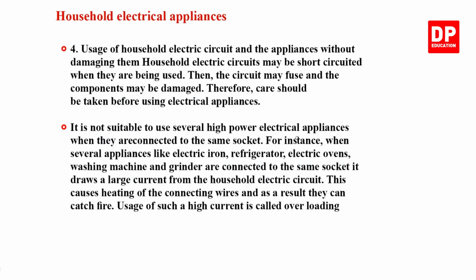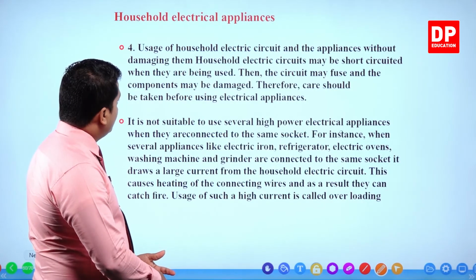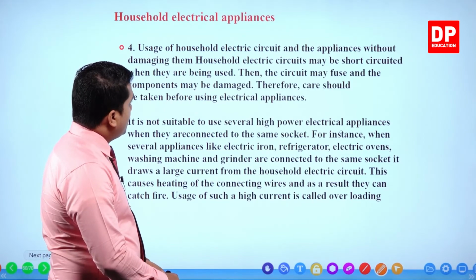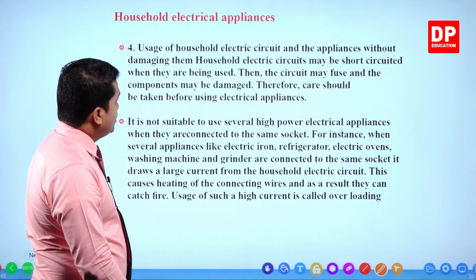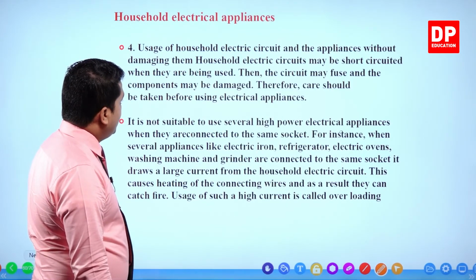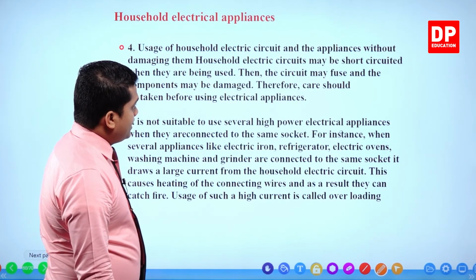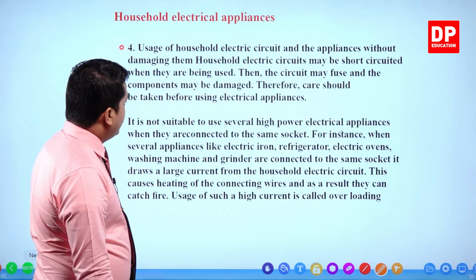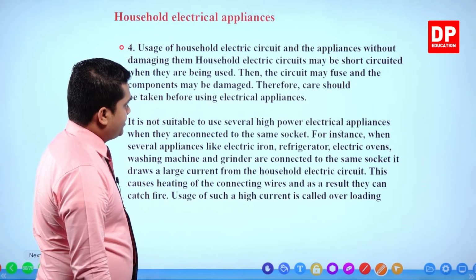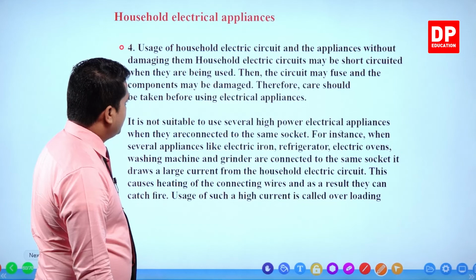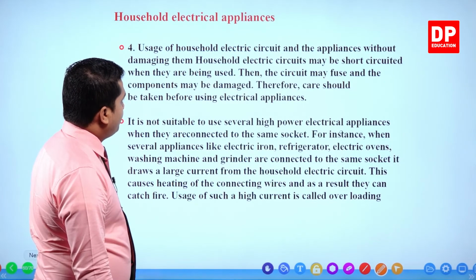Number 4 given, usage of household electric circuits and appliances without damaging them. Household electric circuits may short circuit when they are being used. Then the circuit may fuse and the components may be damaged. Therefore, care should be taken before using electrical appliances.